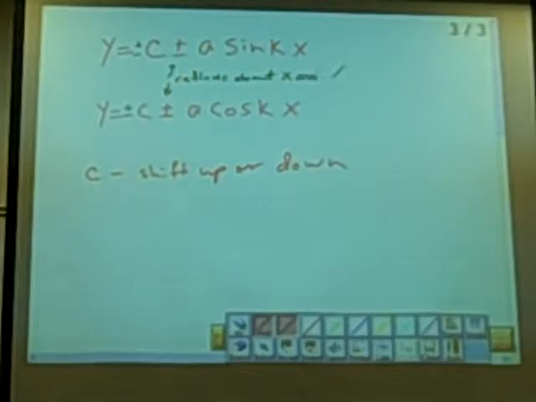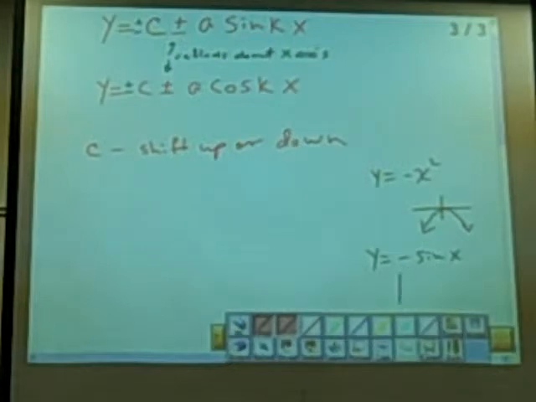If it's plus, it doesn't reflect, but if there's a minus there, just like if we had y equals a negative x squared, right? That reflects the parabola down. So y equals a negative sine x would also reflect that graph about the x-axis as well.